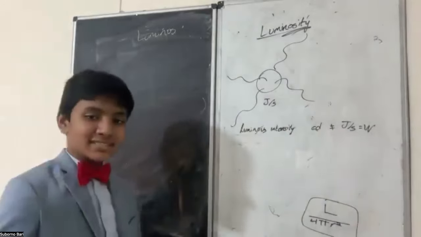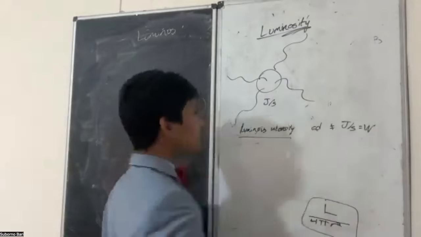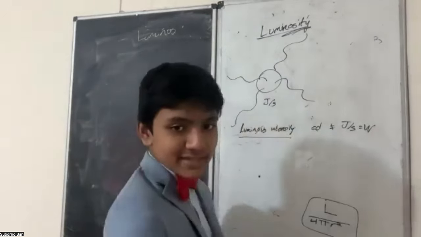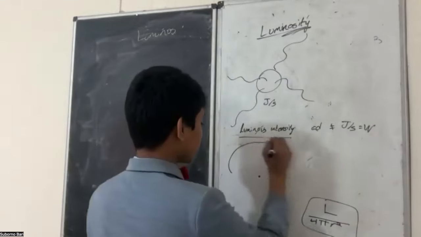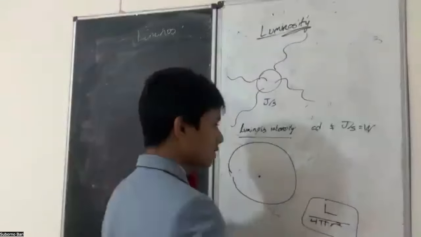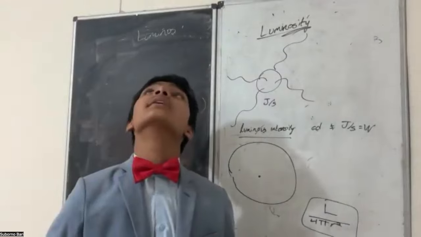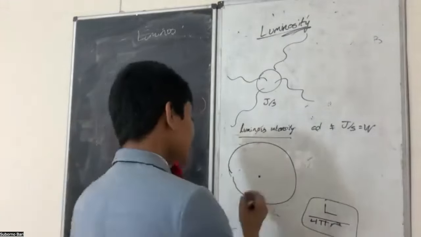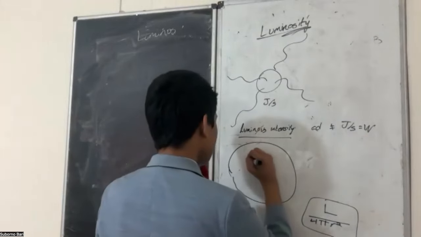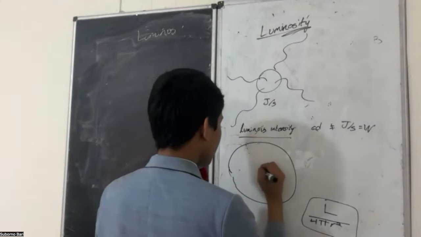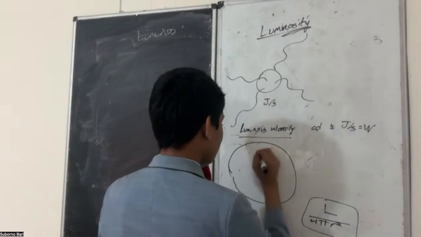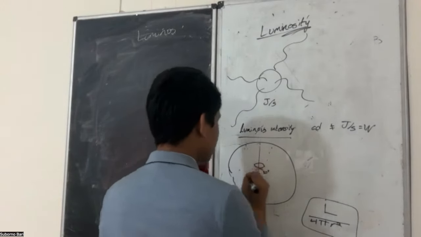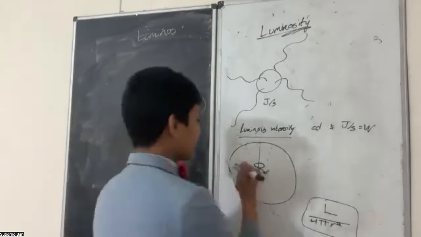So, luminous intensity depends on the thing that we call a solid angle. Let's say you have a sphere right over here and you look upward. Your field of view is small because we're humans. Let's say 30 degrees left, 30 degrees right. That's not the normal human field of vision, but I'm making assumptions here.